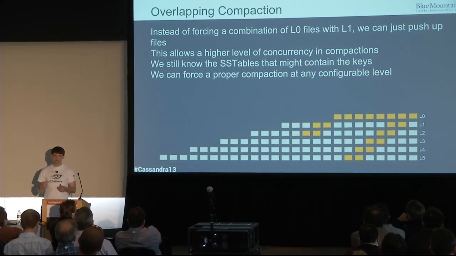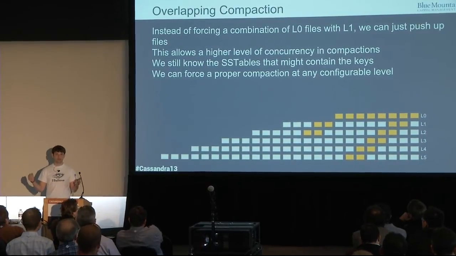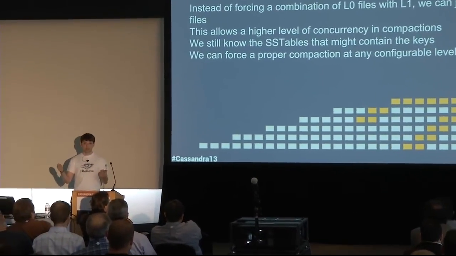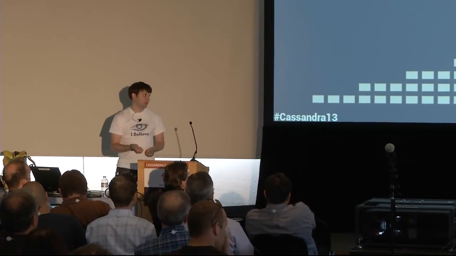And at some point, it switches back into the regular mode of taking all of your files at the level and combining them with the level above. But this way, you don't have this bottleneck of having to take these files and the files in the next level to do the compaction. So this will allow us to get higher throughput because we'll be able to do more parallel compactions.